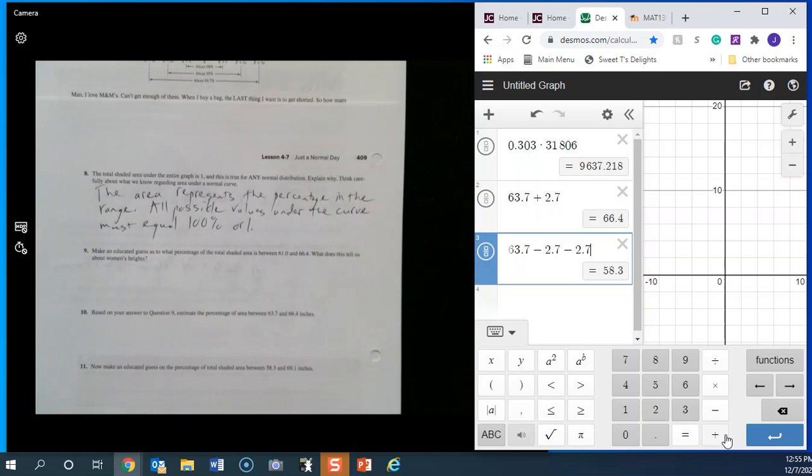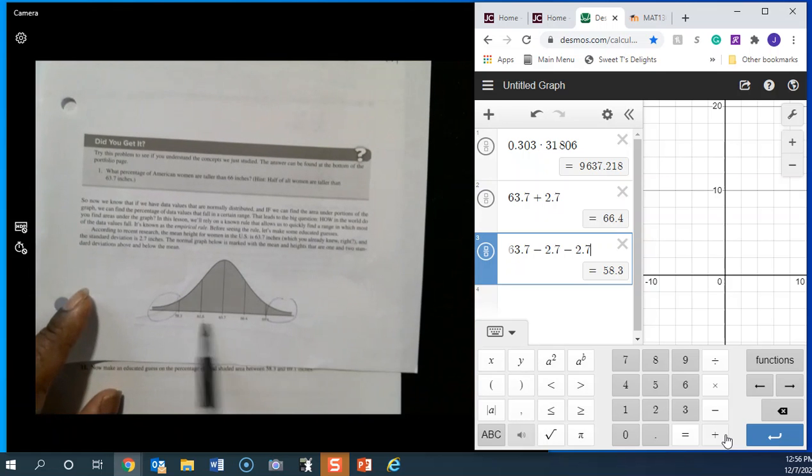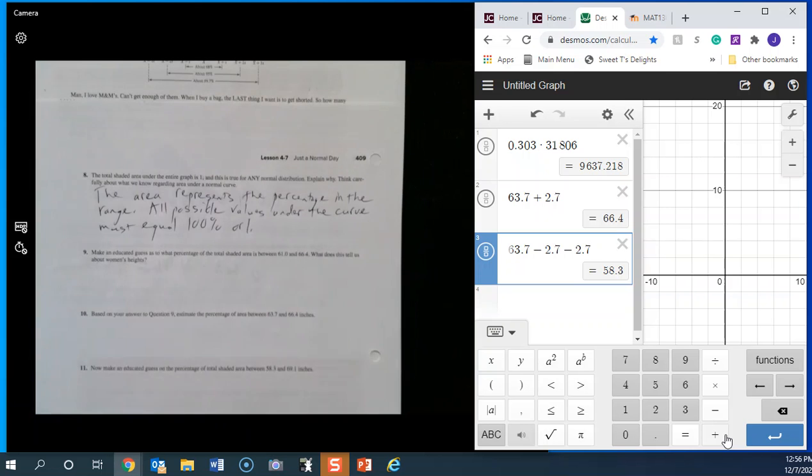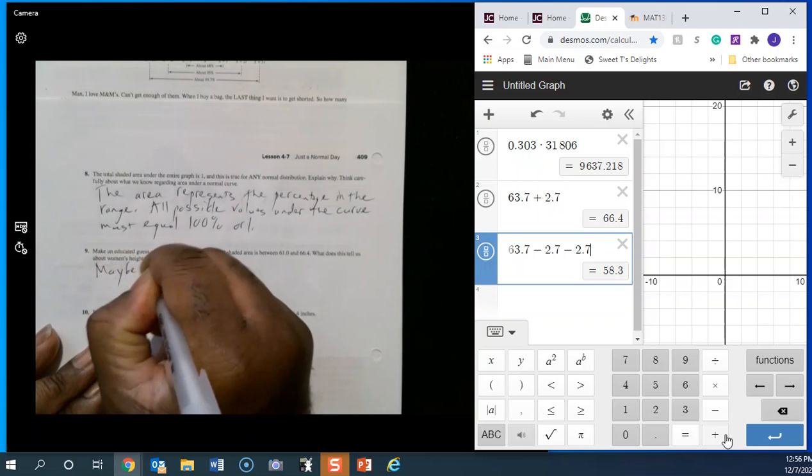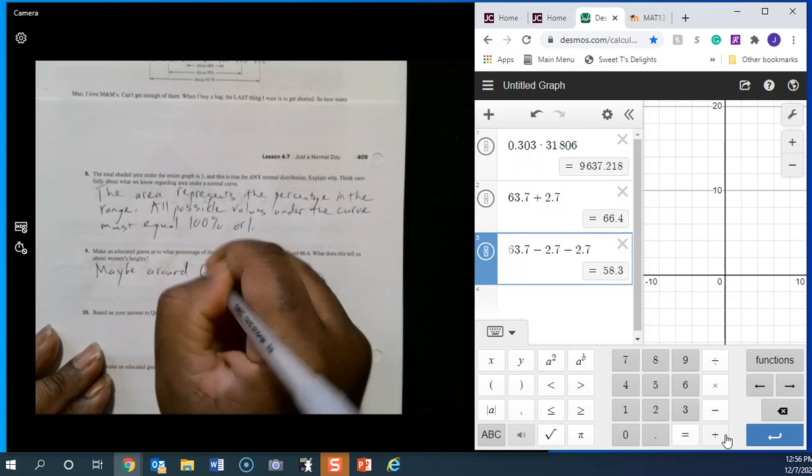Now, number 9, make an educated guess as to what percentage of the total shaded area is between 61.0 and 66.4. What does it tell us about women's height? Okay, we have to go back here, and it says from 61 to 66.4. That looks a little bit to be over half. So I would say maybe around 60%.